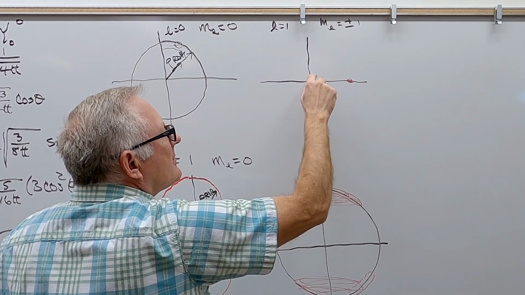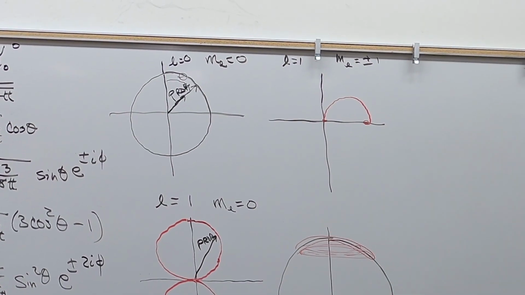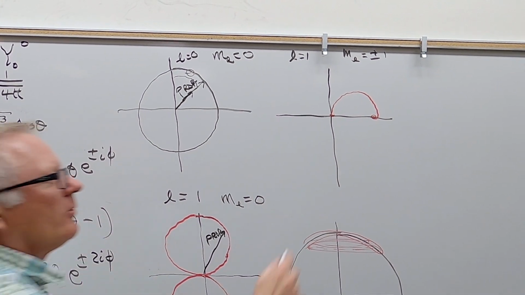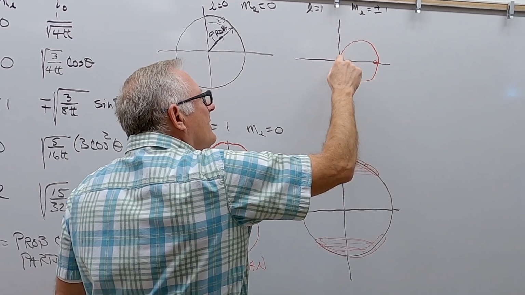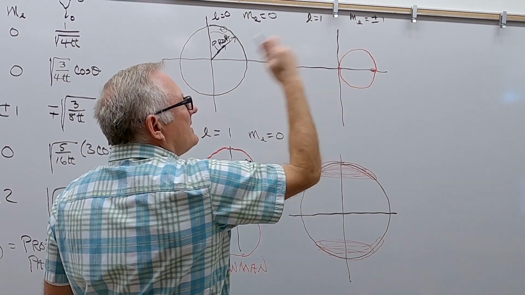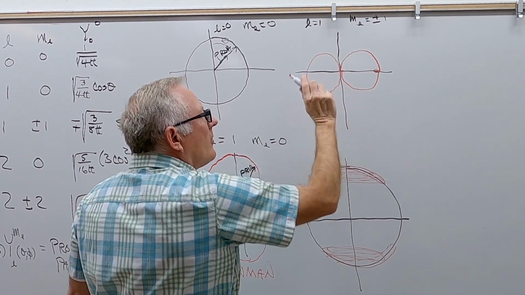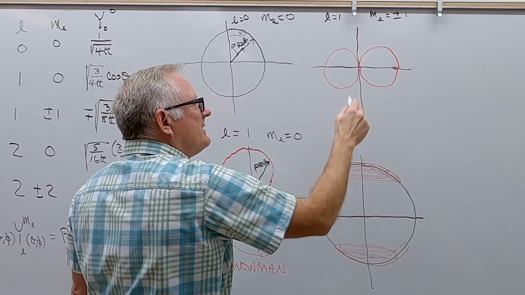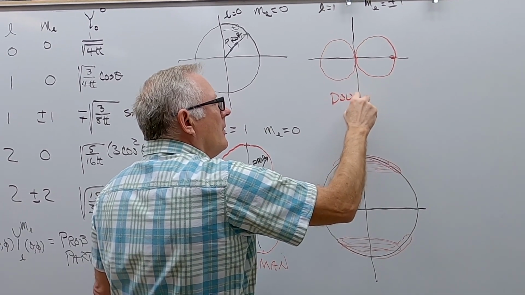So it's going to look something like that right there. And then when you go all the way to pi, it's going to come back to 0 again. And remember, it's the same all the way around. So wrap that around, and we could call it the donut. I call it the donut.